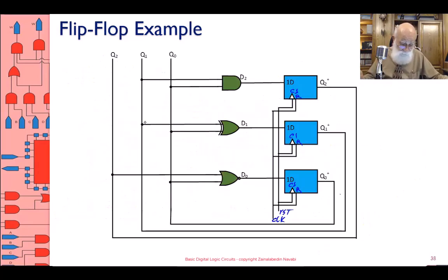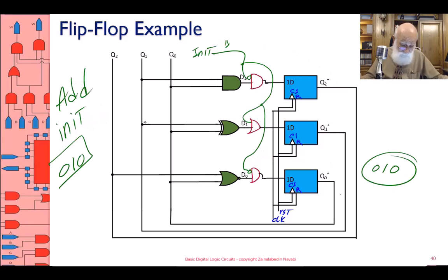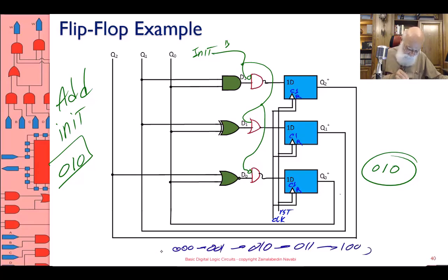All right. What else can I do with this counter? The counter starts with 0, 0, 0, goes to 0, 0, 1, and then to 1, 0, 0, and then goes back.